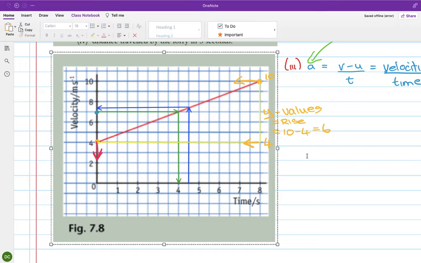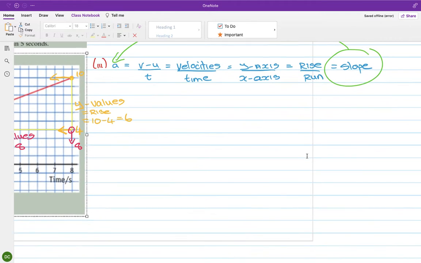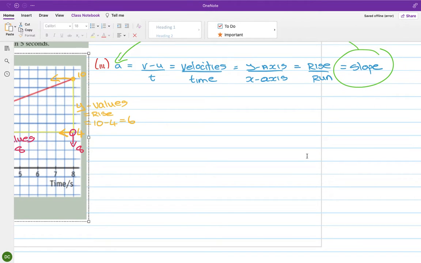So that's 0. And then over here, it's 8. So to get the run, I should have said we're going to use the x values. And the x values give me 8 minus 0, which is 8. Yeah? So if I go back over here, to get my acceleration, I'm going to put the y values over the x values, which is the 6 over the 8, which is 0.75 meters per second squared, because it's an acceleration. Yeah?